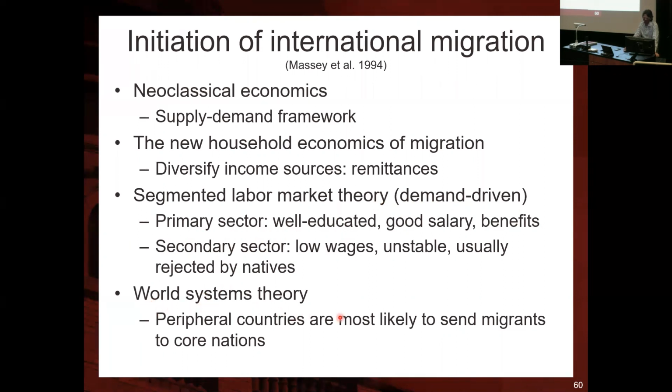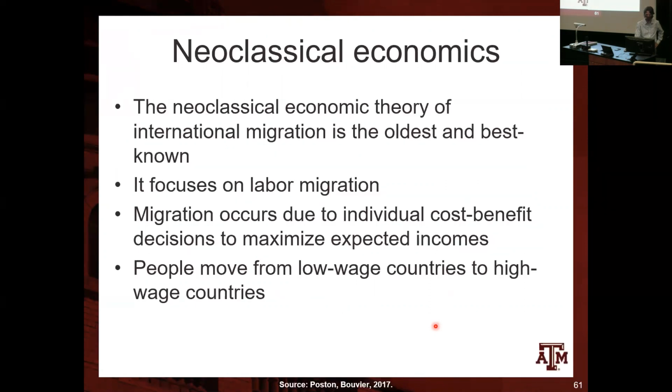The world system theory: peripheral countries are most likely to send migrants to core nations. So here it's talking about all these inequalities, all these disruptions that we see in the development of capitalism globally all across the world, right?